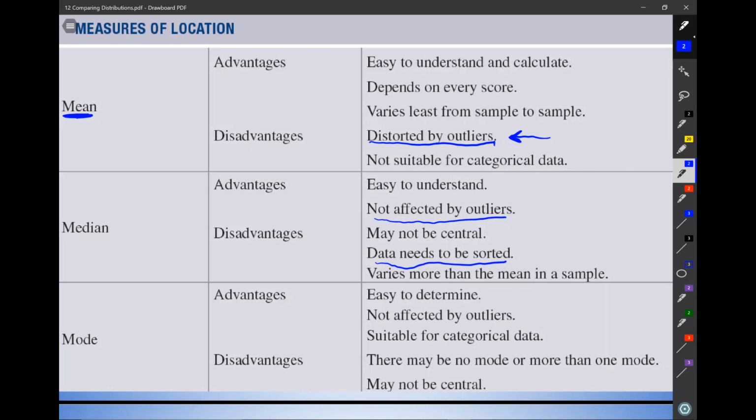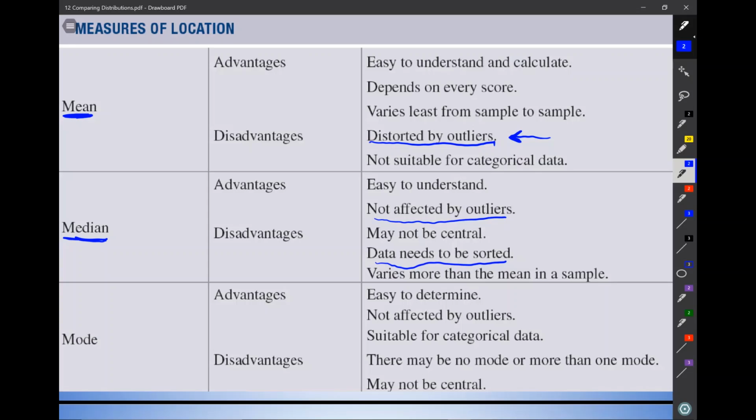The median is a much more accurate measure of center in a case like this, average household income, because it doesn't get affected by the very small percentage of very high income earners that do affect the mean. That's just one example of why you would choose median over mean.